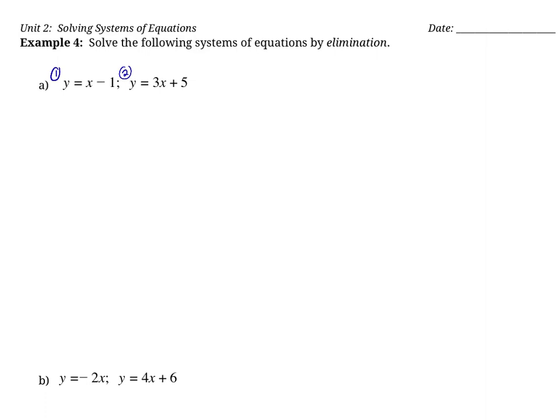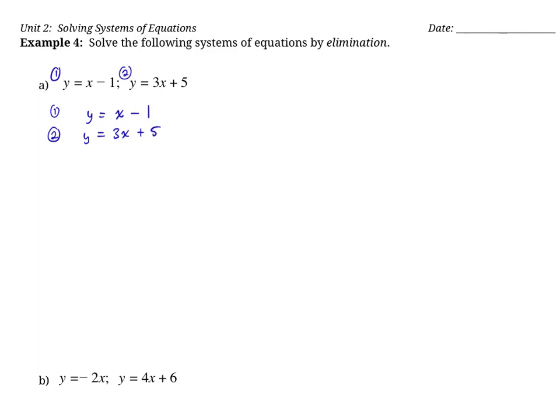Now remember, you need to stack your equations on top of each other so that all of your variables and your terms are lined up accordingly. You want the x's, the y's, and the constant terms on top of each other. Now you need to choose which variable you want to eliminate, and it needs to be the variable with the same coefficient in front.